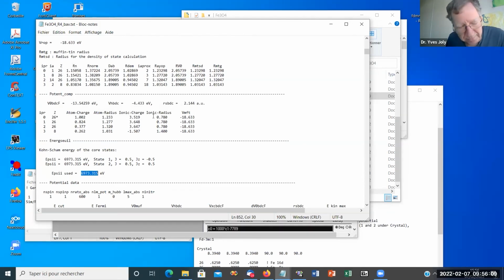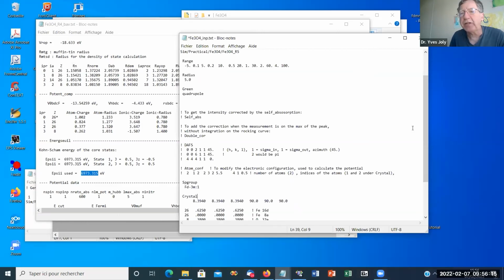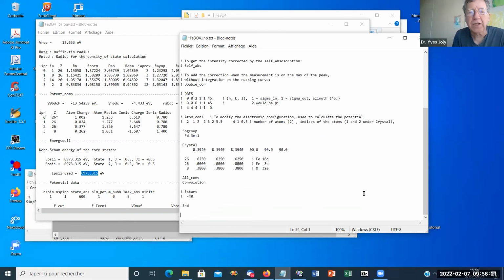So I copy. And now you go in your in-data file and you say, okay, I have a reference. You can write it in any place. In fact, it's done at the convolution step. But just above you write EPE, and that's it.